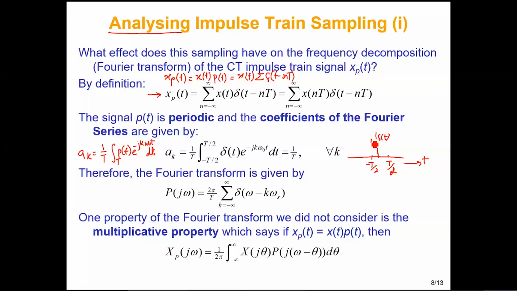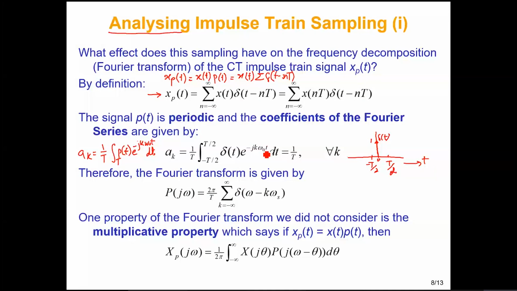This integration has to be evaluated from minus T by 2 to T by 2, but we know that the delta value is 1 only at t equal to 0, and at t equal to 0 this whole exponential is also 1.